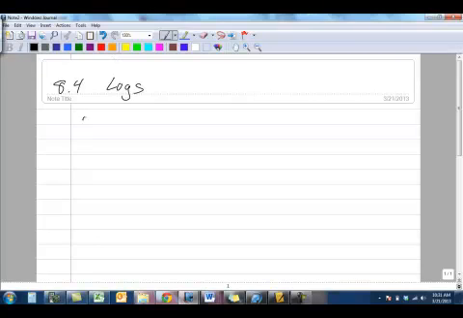Logs are short for logarithm with base b. Here's what's up. Logarithm with base b is this.